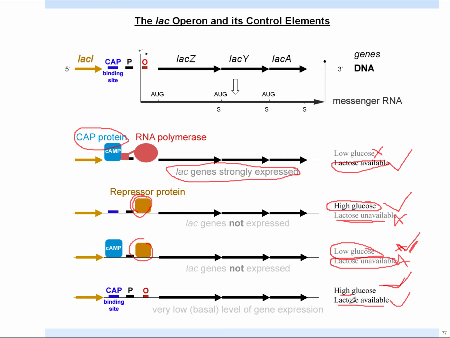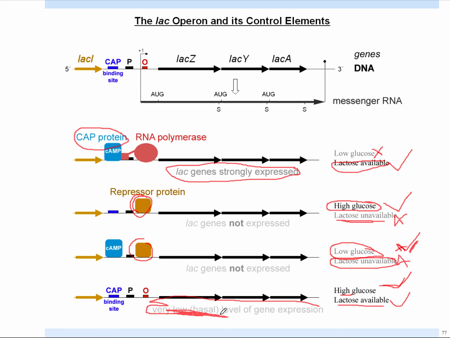But since lactose is available, remember the lac operon is induced or activated when lactose is available. So if lactose is available and you have high glucose, the lac genes will be expressed, but at very low levels.